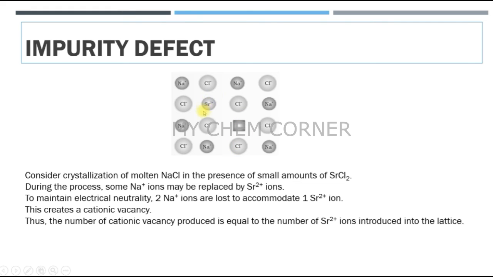If you have introduced only one Sr2+ ion into the crystal lattice, you will have only one vacancy. If you have introduced two strontium ions, then you will have two vacancies. So this is only due to an impurity in the crystal lattice. So that is all about impurity defect.